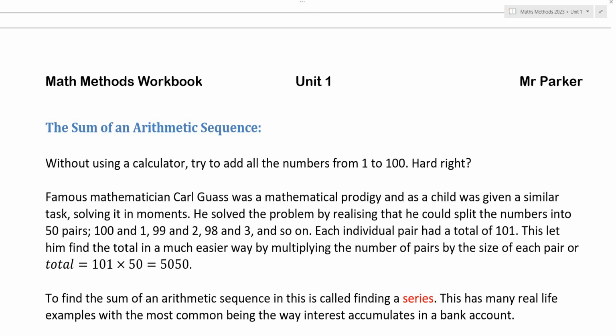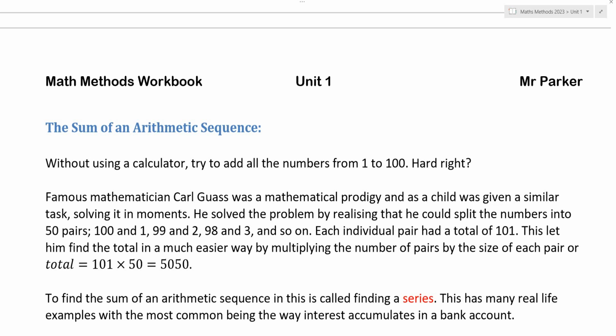And that's exactly what we're going to do for some of the series. For reasons that we'll look into as we go forward, sometimes if I give you an arithmetic sequence, you want to know how much you get if you add up all the terms in the sequence. And basically you just add the first number and the last number, and you times it by how many pairs there are.